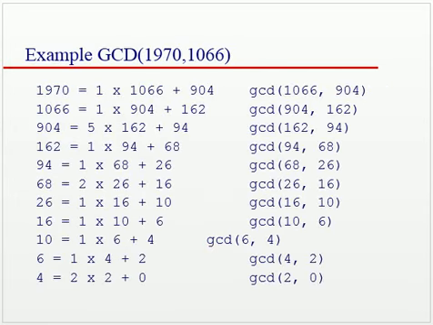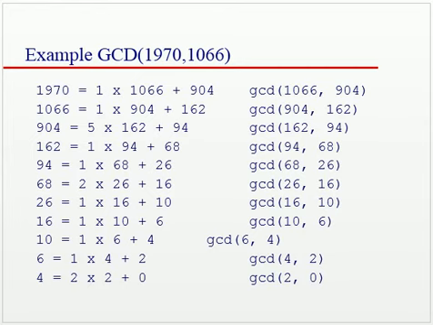So now let us take an example where we want to find the GCD of 1970 and 1066. Here the number 1970 is greater than 1066. So we start by dividing 1970 by 1066 and finding the remainder. So we can represent 1970 = 1 × 1066 + 904.